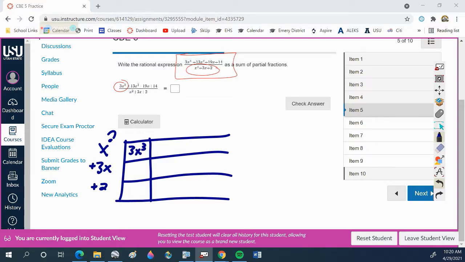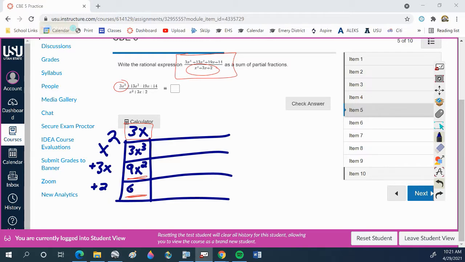If the first box is 3x to the third, what goes above it? Yeah, so the bottom of the fraction goes on the left, and then the top of the fraction will be inside the box. So what number goes right here? 3x, because 3x times x squared is 3x cubed. So 3x. Now, if I know that that's a 3x, I can fill this in. 9x squared. And I can fill this in.